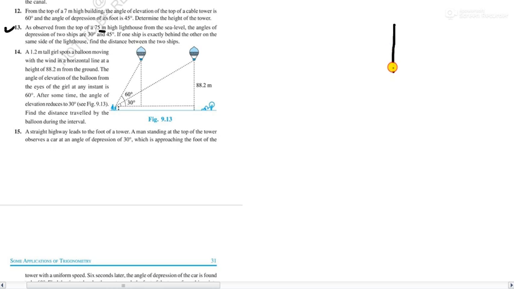So imagine this is the lighthouse, near a sea. Now imagine this is the sea and there are two boats named as A and B. From the top of this lighthouse, let me name this as CD.